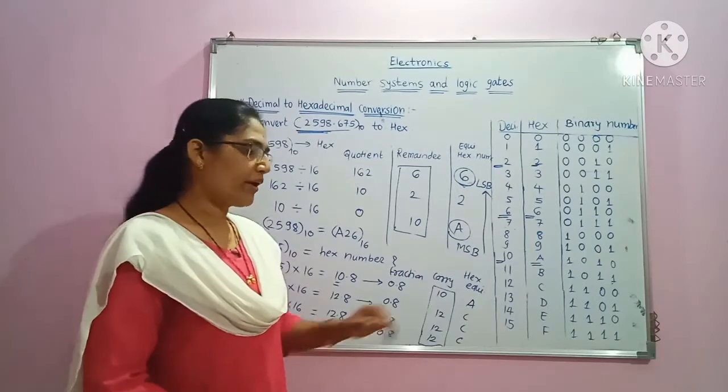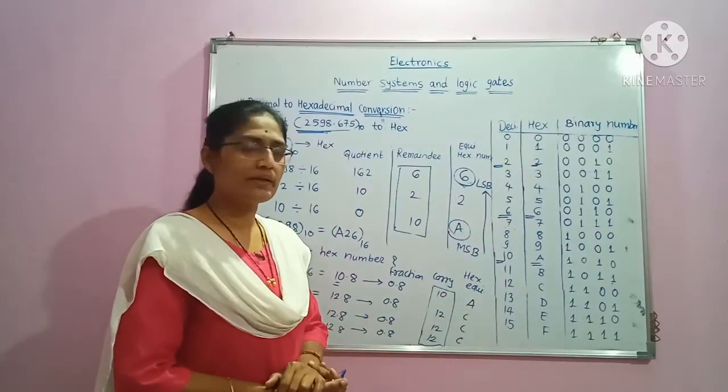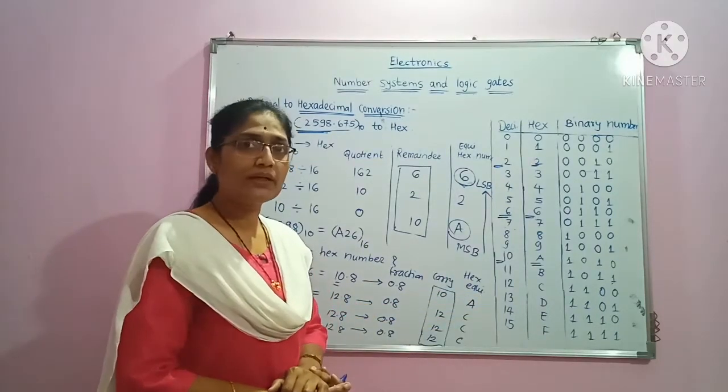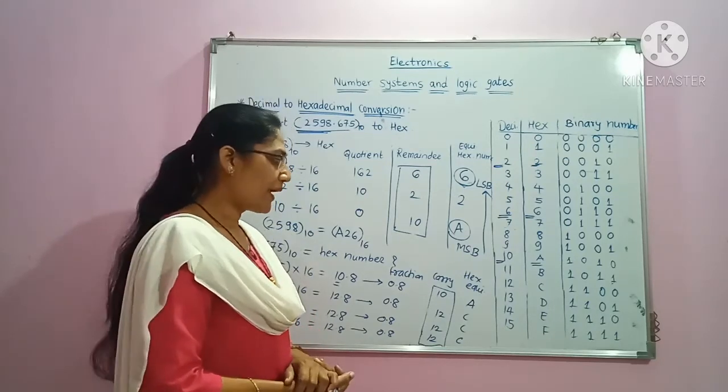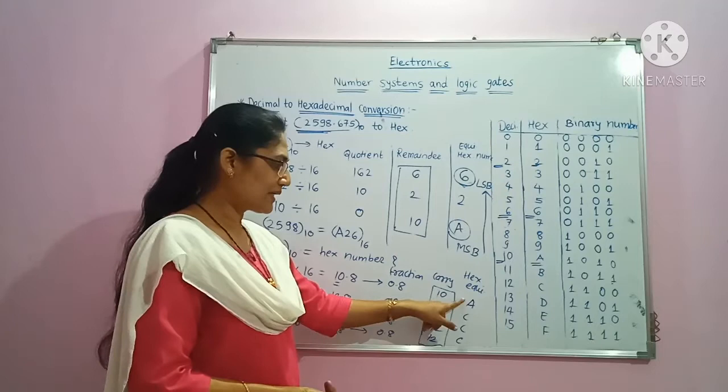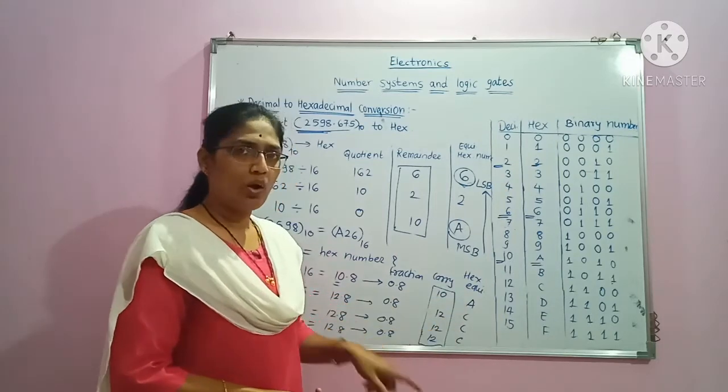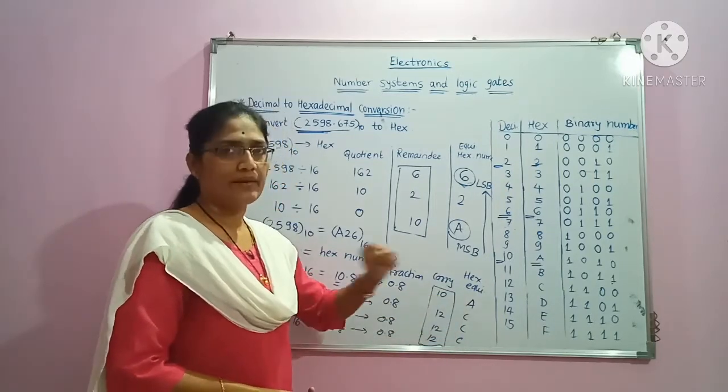So now I have obtained the 4 bits related to my equivalent hexadecimal number, but I don't know whether I have to write it as ACCC or CCCA.